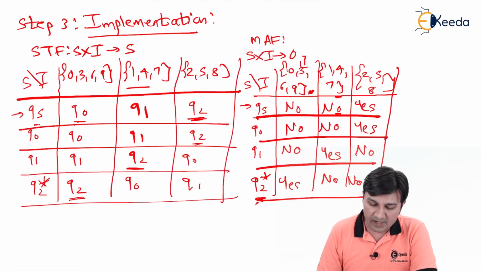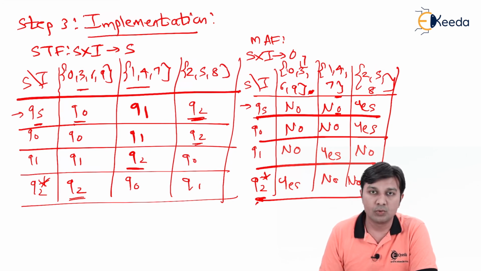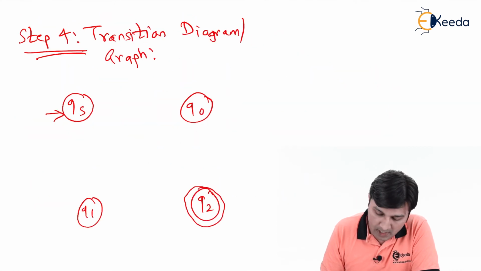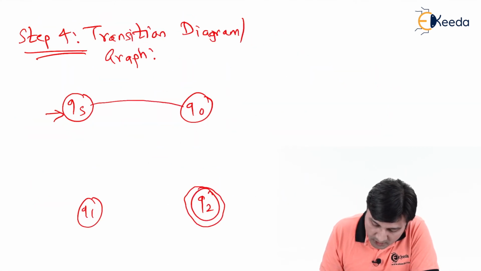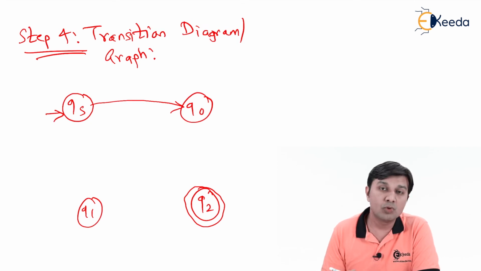So now if I move on to step number 3, I see that QS on receiving input symbol 0, 3, 6, 9 goes to state Q0. I repeat, QS on receiving input 0, 3, 6, 9 goes to state Q0. So I draw an arrow over here. But when does it go to Q0?